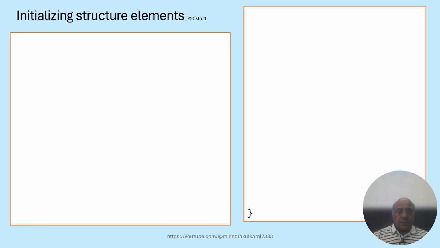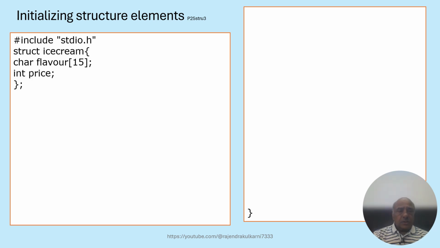How to initialize the structure elements, that we will see in this program. We will start a simple program. Usual include stdio.h. Then we have declared a structure called ice cream which has only two variables as its elements.